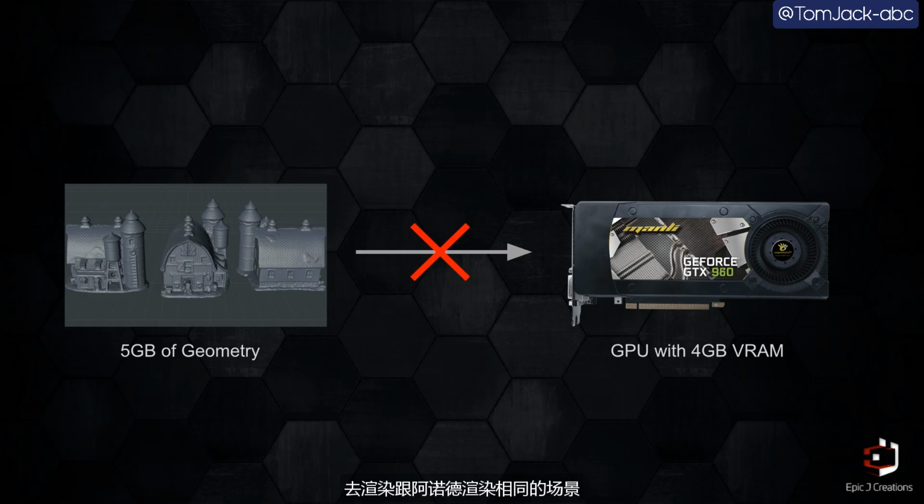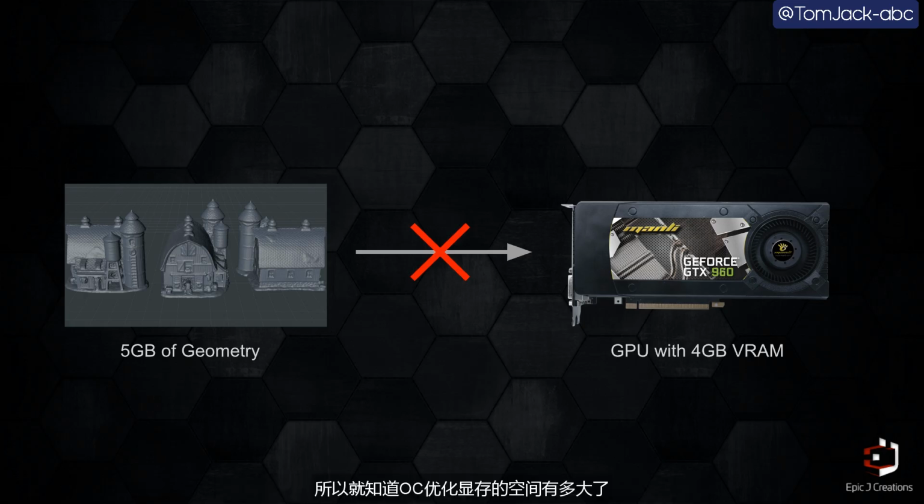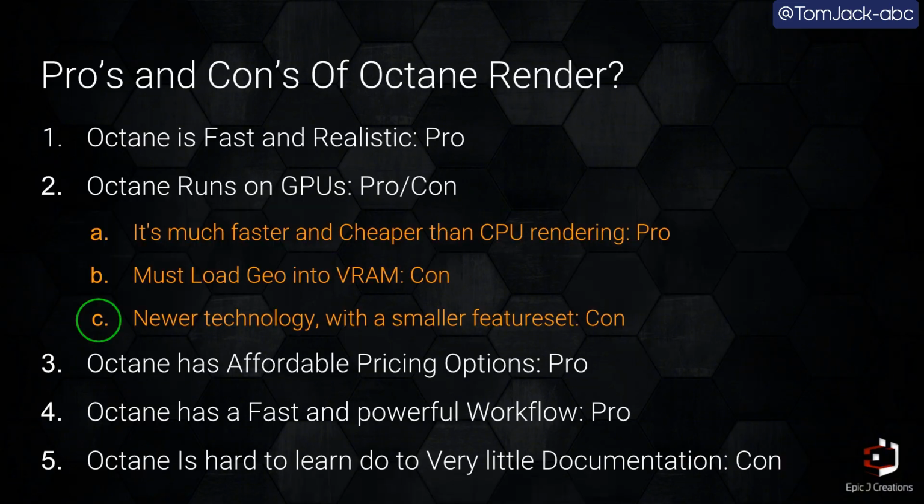So perfect example, if Arnold took 10 gigs of regular system RAM to hold your geometry in your scene, Octane, on the other hand, would be around 5 to 6 gigs, so almost half. So it's interesting how much more capable Octane is in being very optimized and storing that in the graphic card. So they have been good with that. So this isn't usually too big of a problem, but I wanted to make sure you're aware of it.